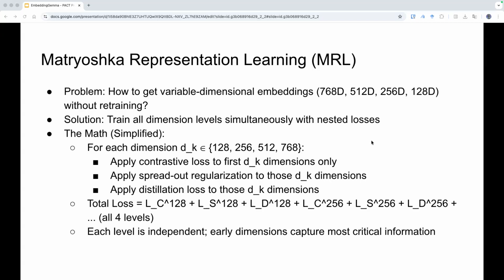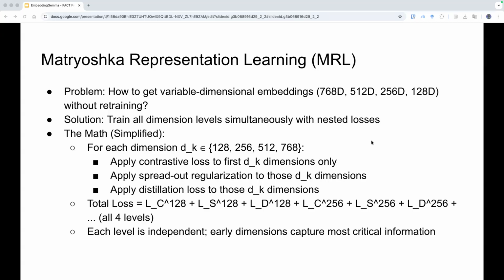The way it is done is by applying three different losses. One is contrastive loss, one is similarity loss, and one is based on geometric distillation loss. The summation of all these is applied for all four levels, and then calculated and trained.